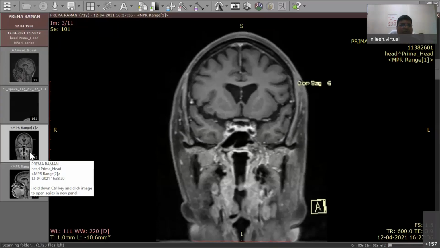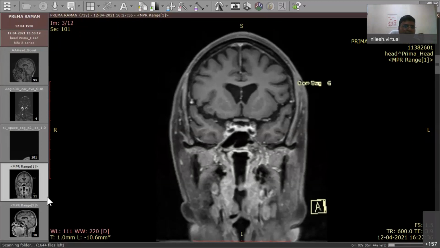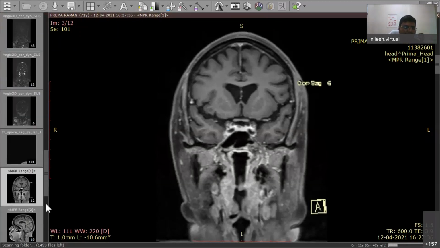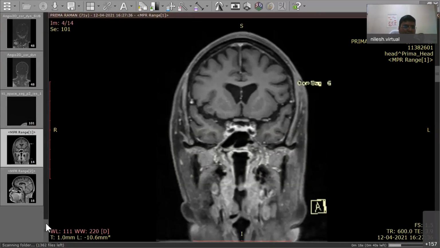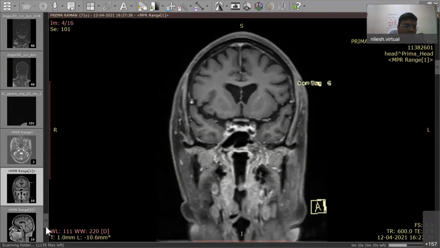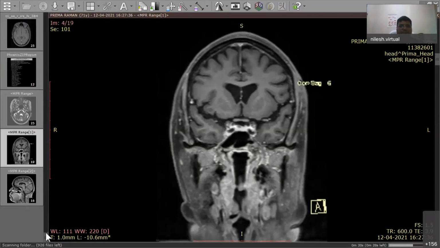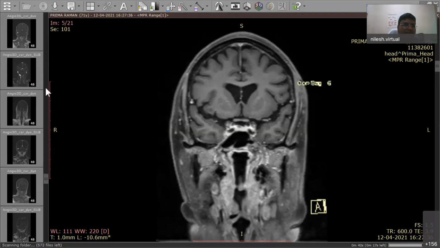Let the scan load. Scan is very big, that's why it is taking time to load.